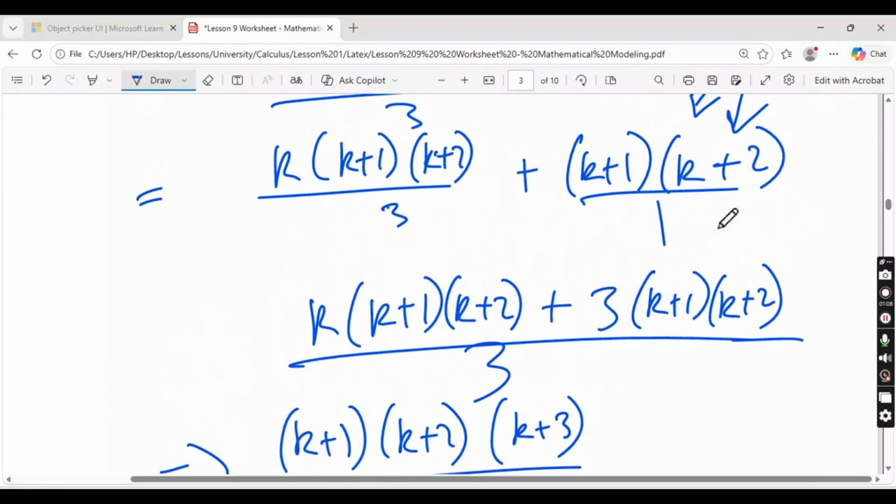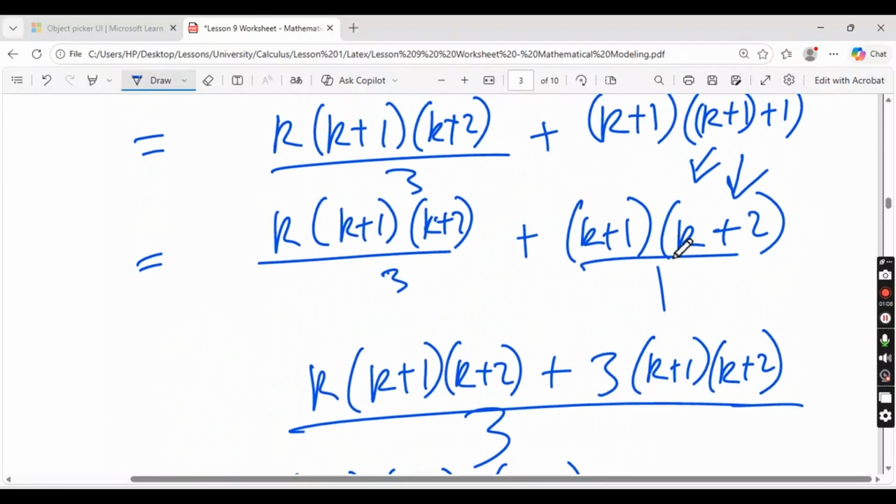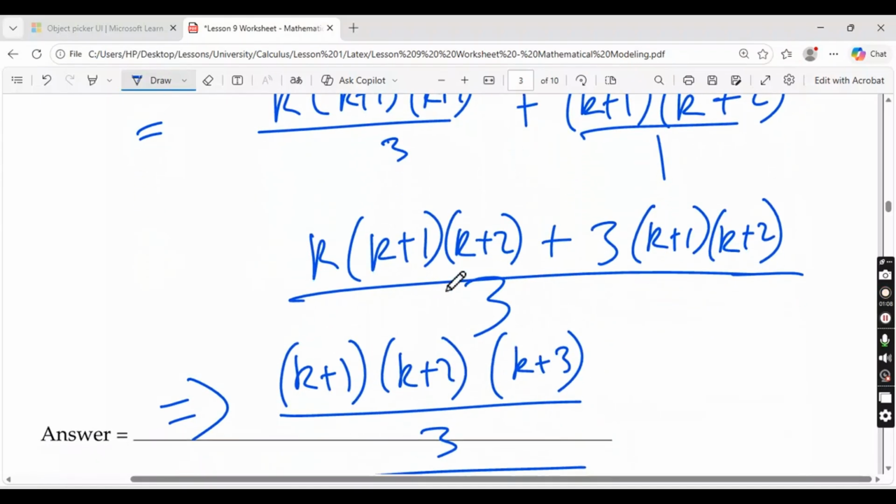So if we had expanded like here, or even expanded these two when we're adding, that would mean we wouldn't get to this stage in a shorter manner. We would be taking an extra page or 2 pages just to get back here.